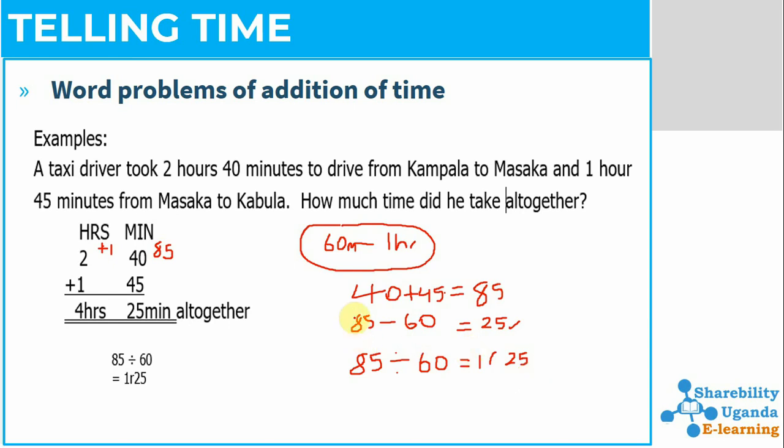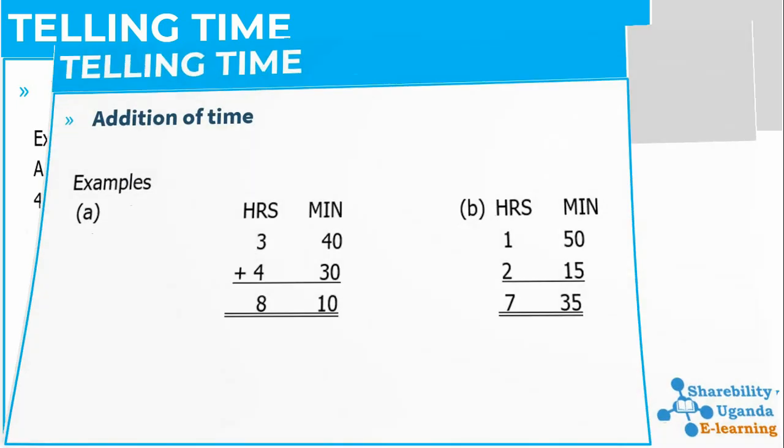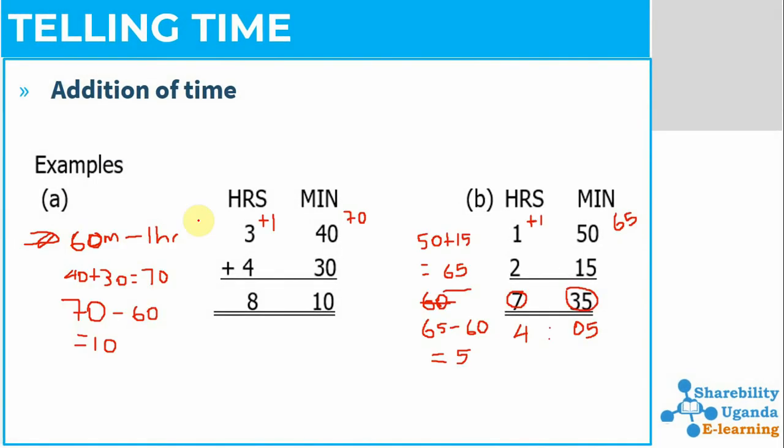So you can use either of these methods to make sure that you understand and get the right answer. In simple terms, that's how we find out as far as adding time. To make a recap, in adding time, we should bear in mind that 60 minutes is equal to 1 hour. This concept is very important in adding time.